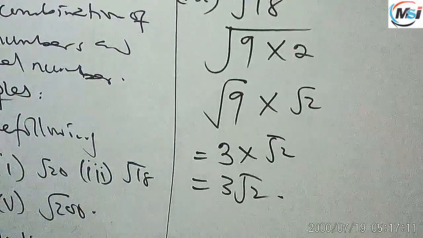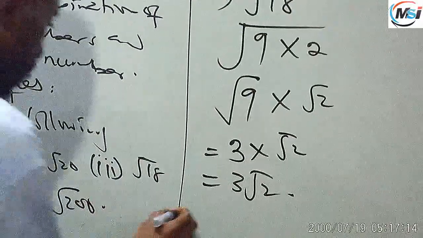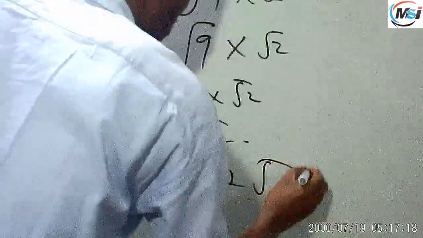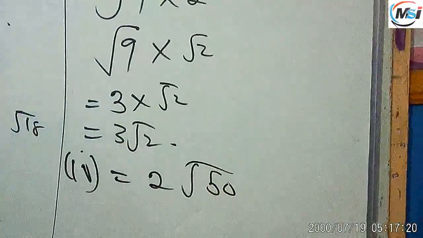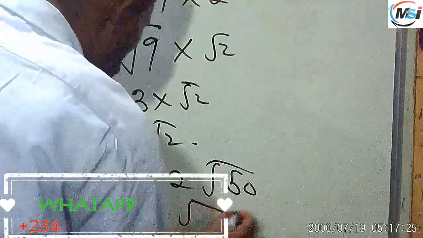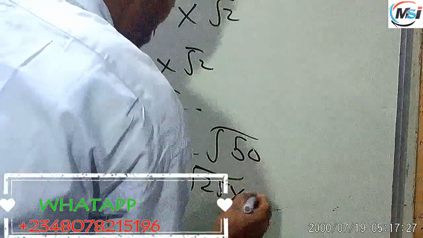Alright, let's consider Roman figure 4. Roman figure 4 will give you 2√50. Of course, 50 can be simplified to √25 times 2.